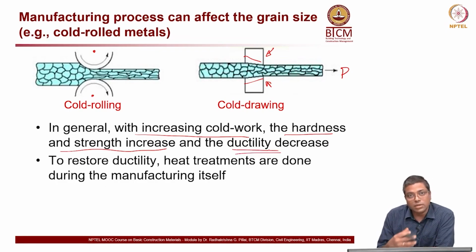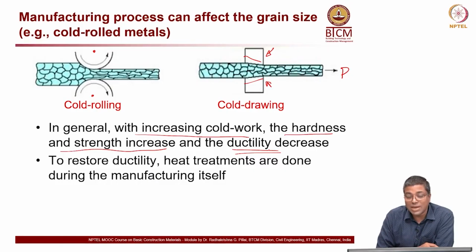Hardness and strength increase is probably a good property which you want, depending on the case, but decreasing ductility is usually not a good idea, because then it becomes a brittle material, and brittle material will have catastrophic failure in nature, which we do not want.